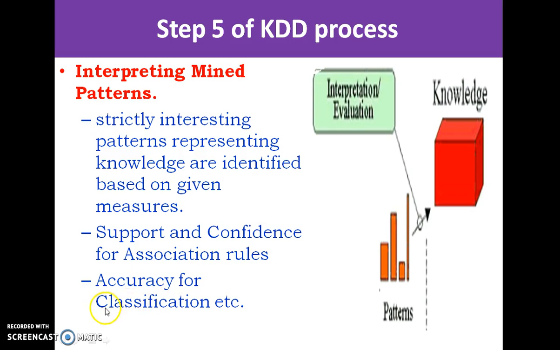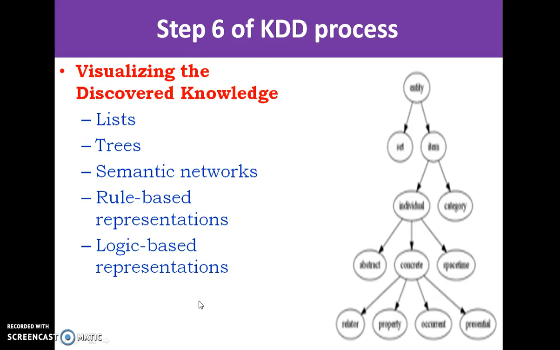If I consider the pattern as a classification model, the interestingness measure can be accuracy, that is, the percentage of the test set samples that are correctly classified by the identified patterns. So in total, in step 5, evaluation means the identified patterns will be evaluated whether they become knowledge or not by considering some interestingness measures. And these interestingness measures may be different from one type of knowledge to another.